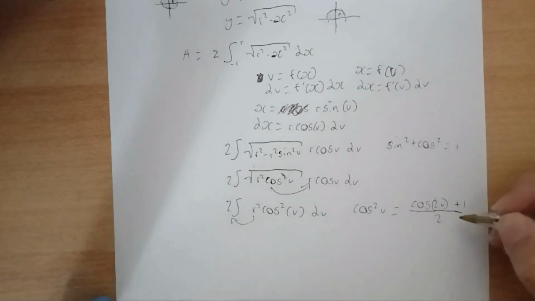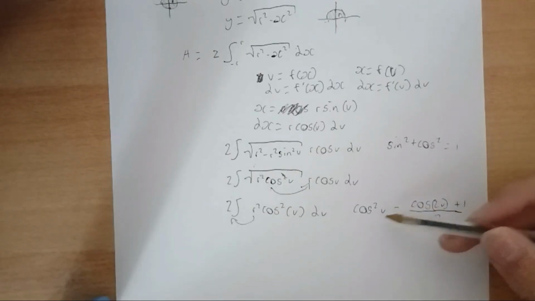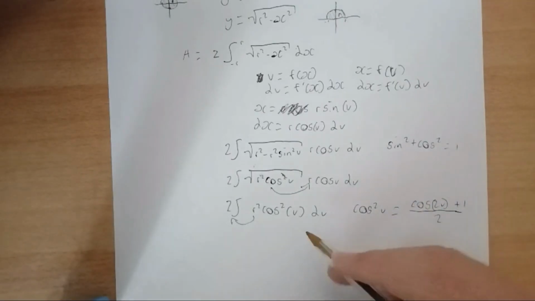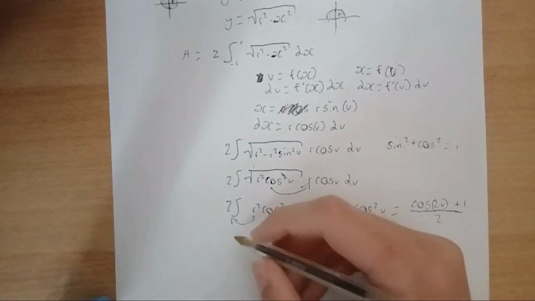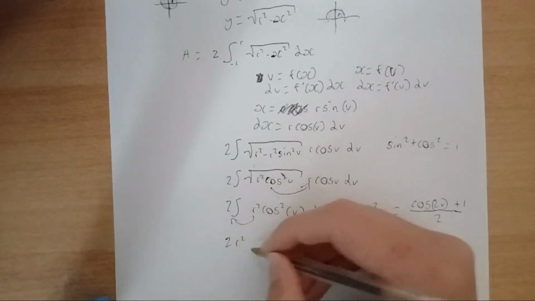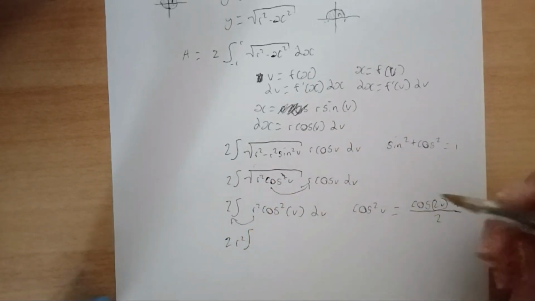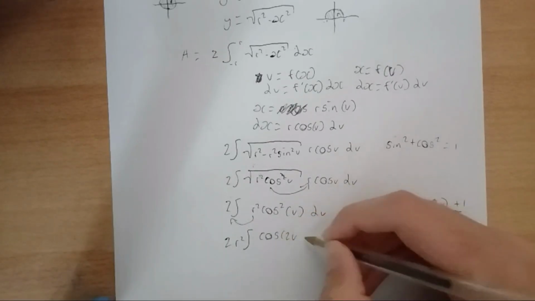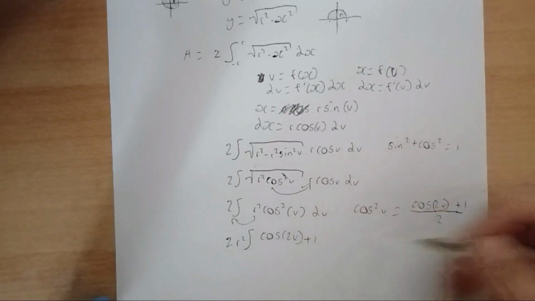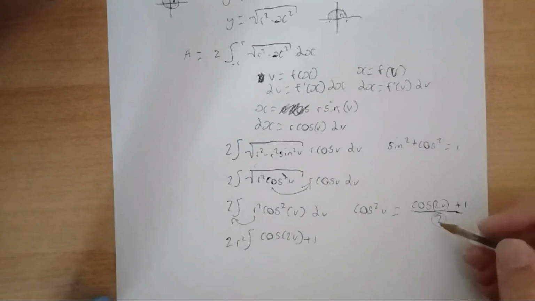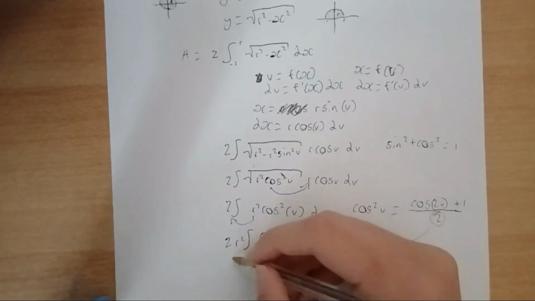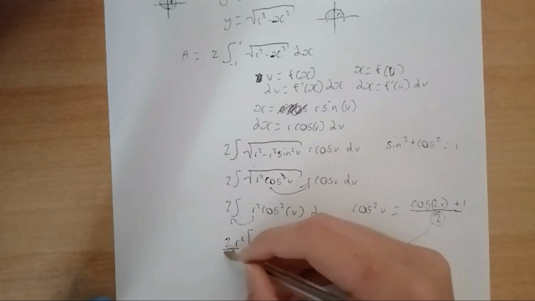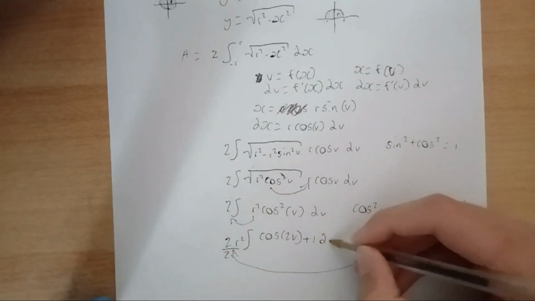So we can sub that in. So we get 2 r squared times cos of 2u plus 1, and this over 2 we bring out into the front, since it is just a constant, du.